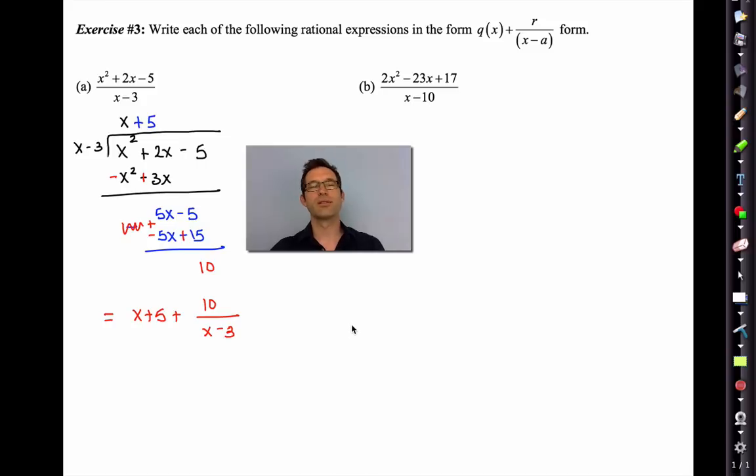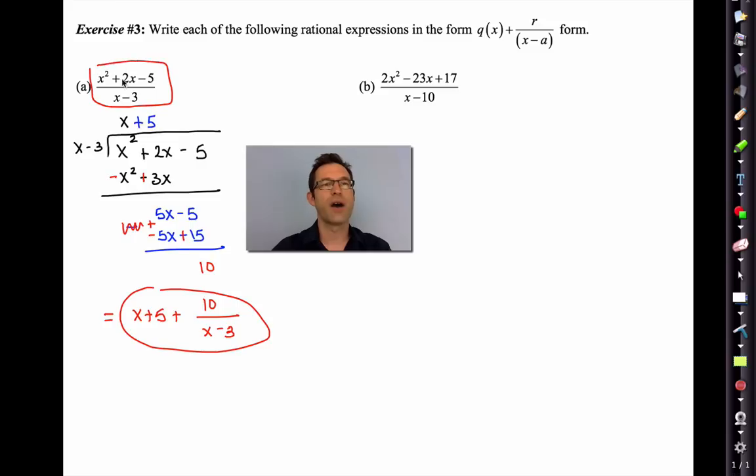Now, one thing I realized in the last problem was I never wrote that last one out as an equivalent multiplication problem. I apologize for that. It's very difficult for me to go back and correct that now. This is my final answer in this problem. In other words, x squared plus 2x minus 5 divided by x minus 3 is equal to this.